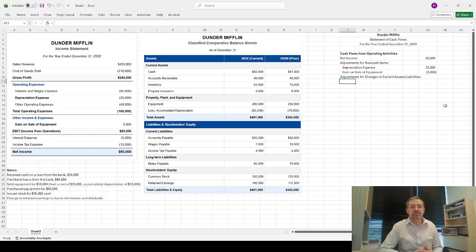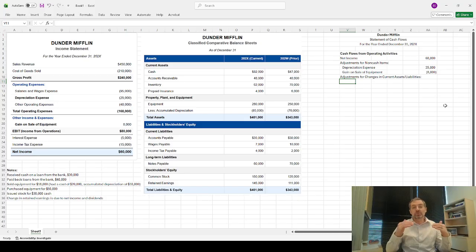Sometimes you just see adjustments or changes in operating assets, changes in operating liabilities. Again, the subtitles aren't all that important, exactly how you word them. You just have to convey what they mean. All right, so we'll say adjustments for changes in current assets and current liabilities.